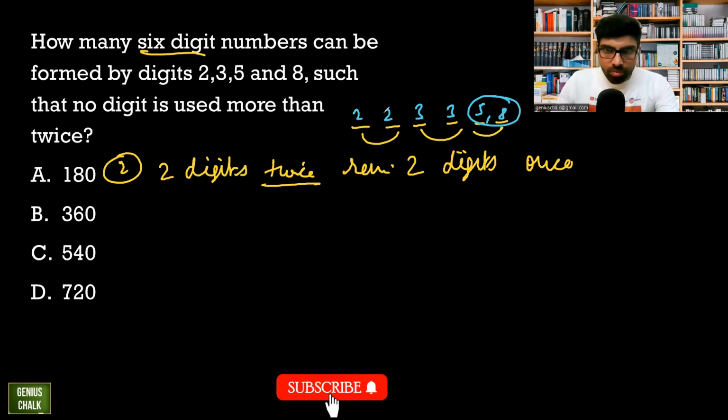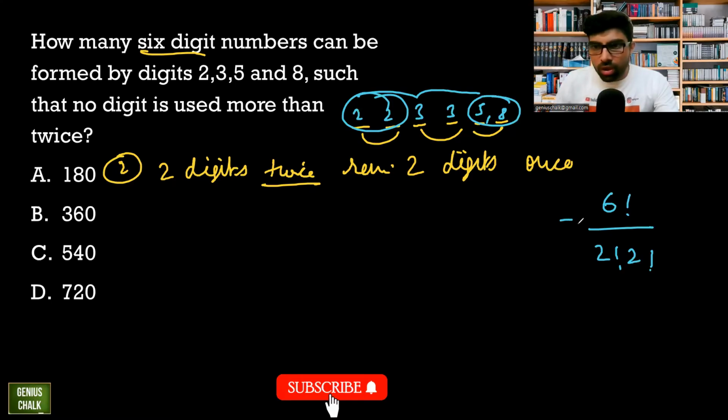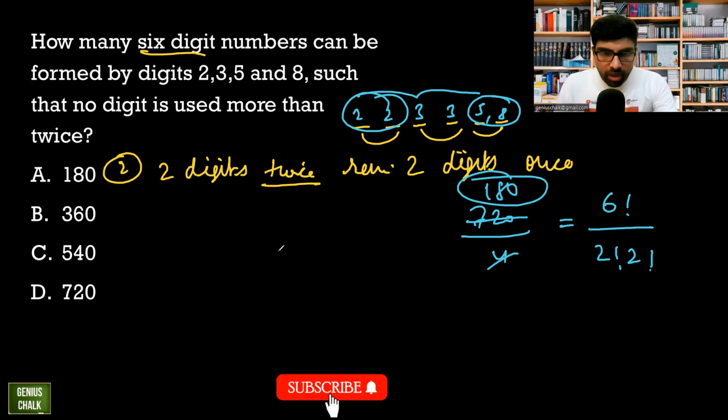I can use the total, 6 factorial, total 6 digits, divided by the factorials of the repeating numbers, so 2 factorial into 2 factorial. Just solve this. 6 factorial is 720, 2 factorial times 2 factorial is 4, so it is 180. So how many total ways are there?